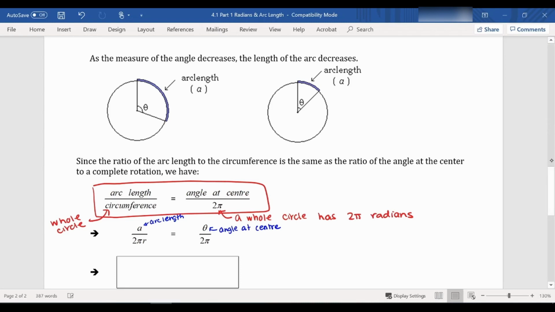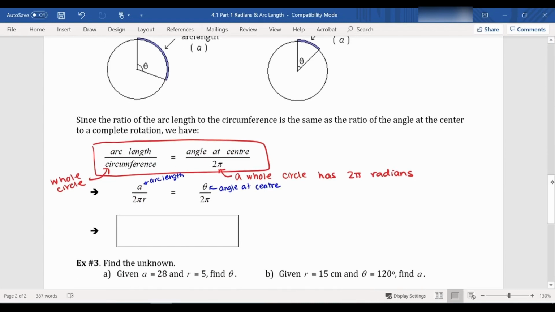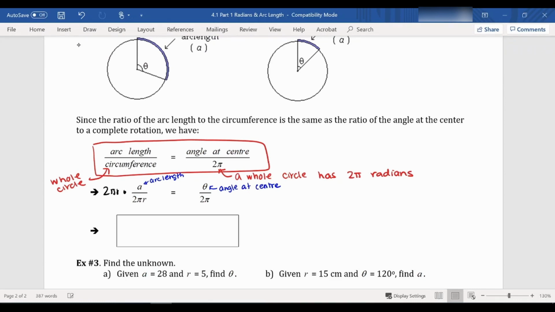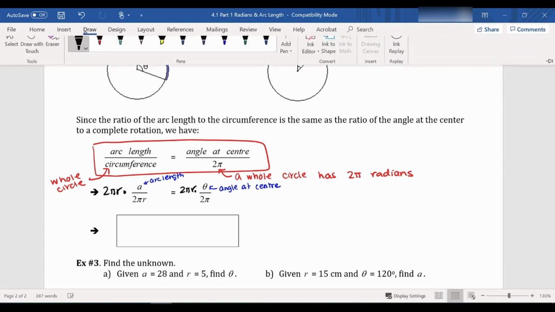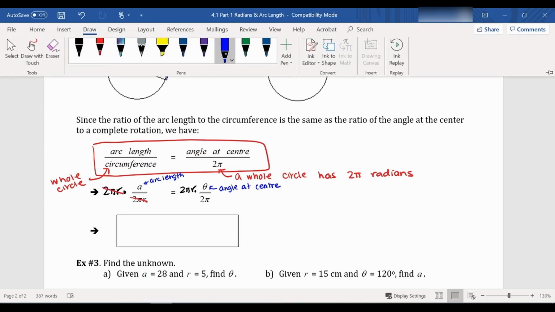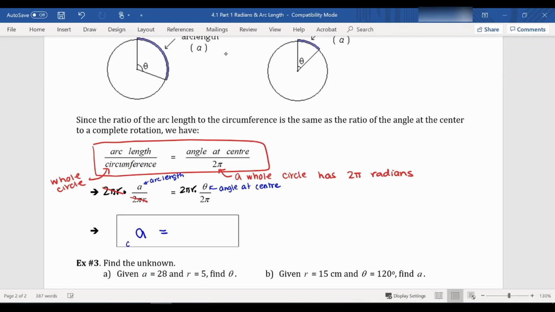And in radians, we know the angle at the center would be 2 pi. Now, this means if I simplify this, if I want to find out my arc length, I can multiply both sides of the equation by 2 pi r. My 2 pi r's on the left would cancel out, and I would be left with just arc length.